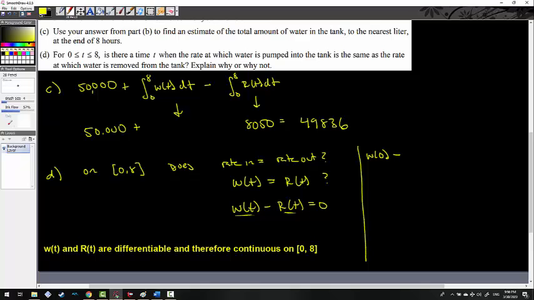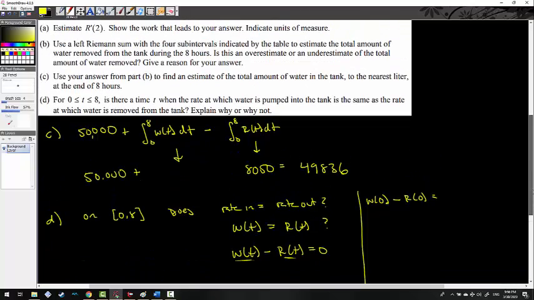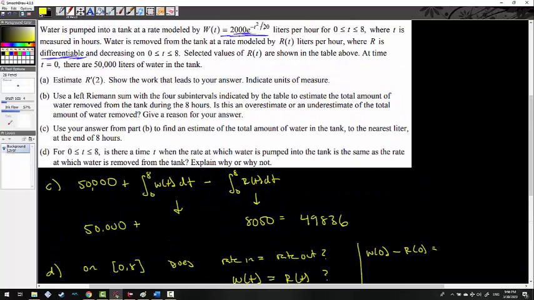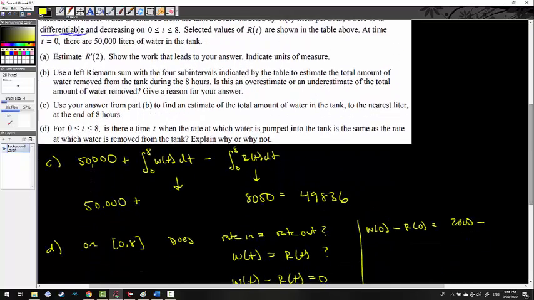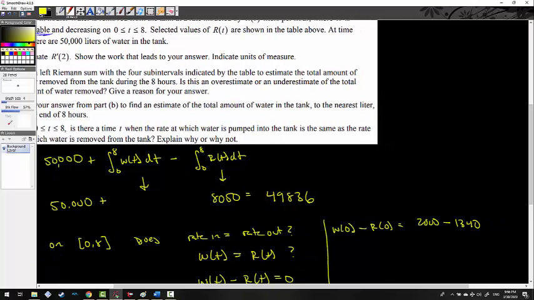W of 0 minus R of 0. Well, what type of number is that? W of 0 is 2000 minus 1340, and that is greater than 0. Now W of 8 minus R of 8.